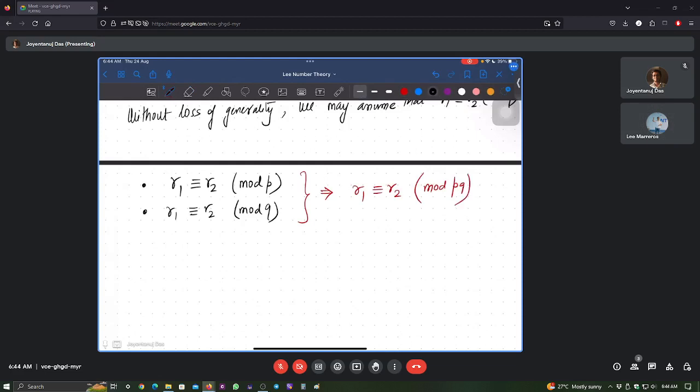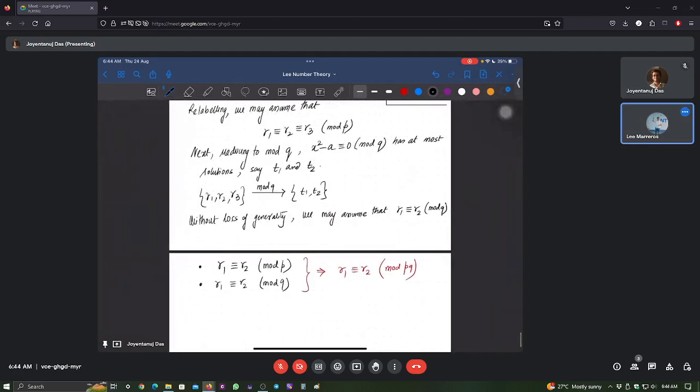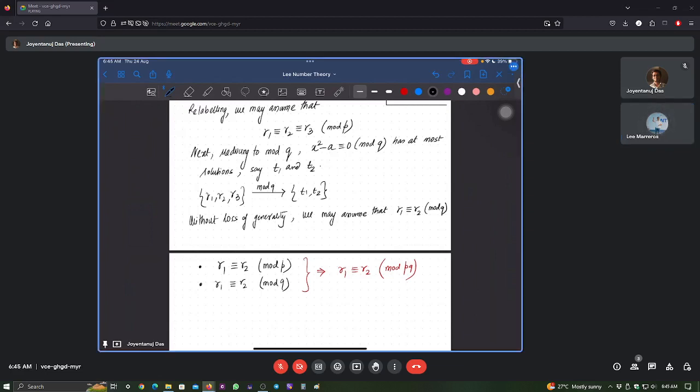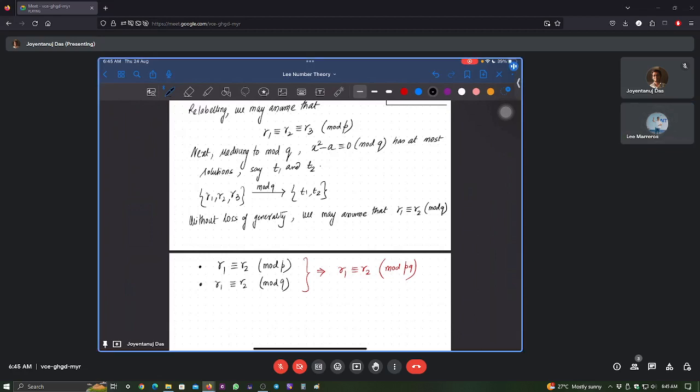Can you say that? You can multiply them. R1 is equivalent to R2 only when P is prime. Yes, modulo P, P is prime. But that doesn't work when P is not prime. No, here P and Q are prime, right?